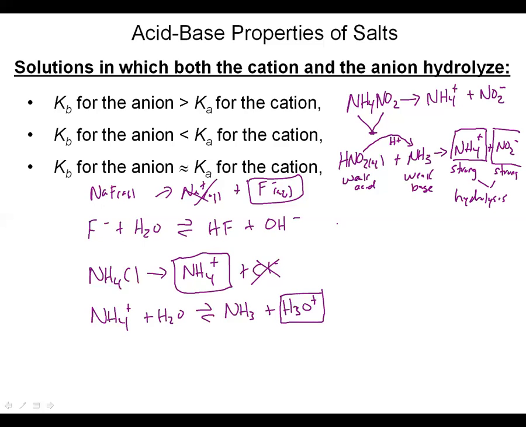So you would actually have both of these reactions happening at once, where this guy would donate, and you would have this reaction happening where this guy would actually accept the H plus.